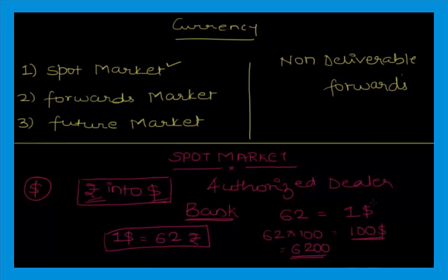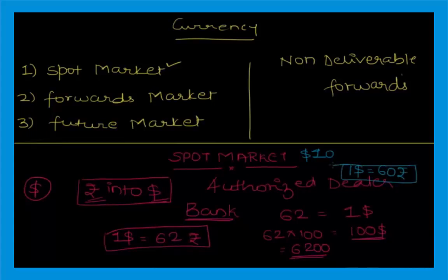Now, what do I mean when I say it can work inversely as well? You've come back from the US, and you have $10 remaining, which you could not spend in the US. Now you would want to convert your $10 into Indian rupees. So you again go to the bank. The bank quotes you a rate. Let's say the bank is quoting you a rate of $1 equal to 60 rupees.